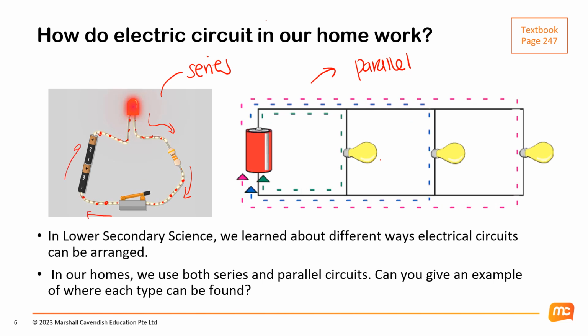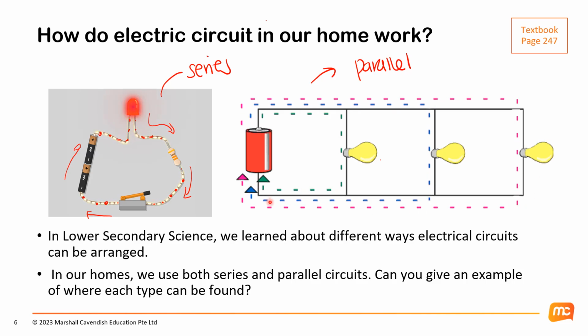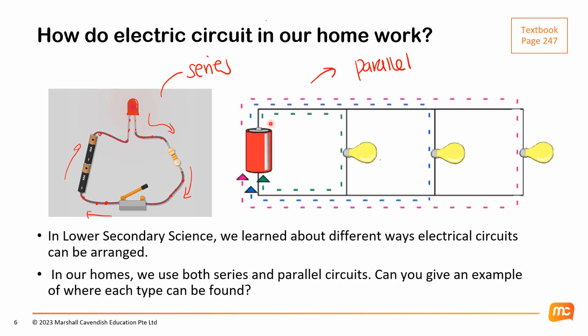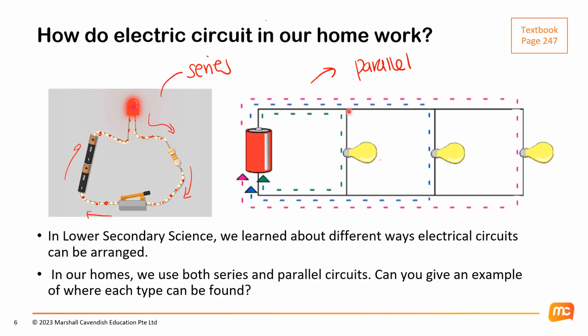Now on the other hand, if you look at the parallel circuit, the battery again is providing energy for the electrons to move within the circuit. And take note, let's say for example the red lines, the blue lines, and the green line represent the total amount of current that is moving through this part of the circuit. And what happens when it passes through one of the junctions?